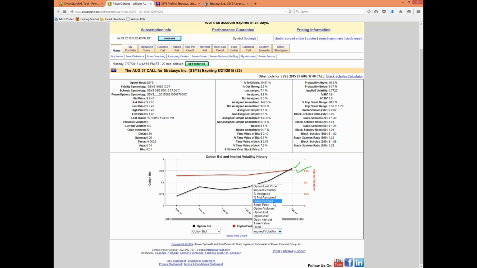The Black-Scholes ratio: what is the change in the option bid to its theoretical value? Volume, for example, open interest, delta of the option maybe versus its implied volatility. There are different factors you can screen against here to get more detailed information. And again, you'll have the availability to look at the entire history of the option you're researching since it was released on the market as well.